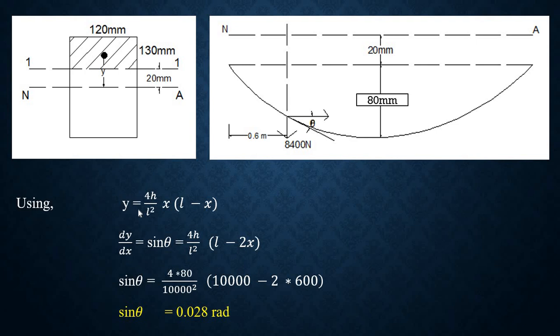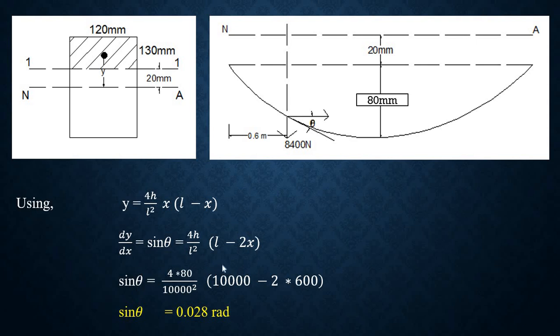Differentiate this deflection equation with respect to x once, that time we will get slope. So slope is equal to dy by dx, or it is also equal to sine theta is equal to 4h by L square into L minus 2x.